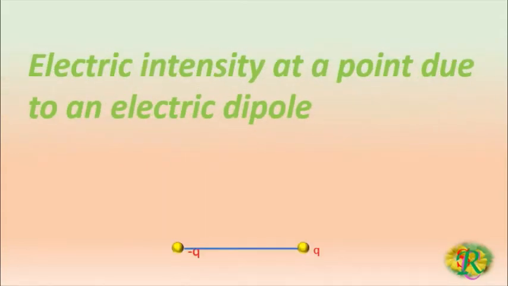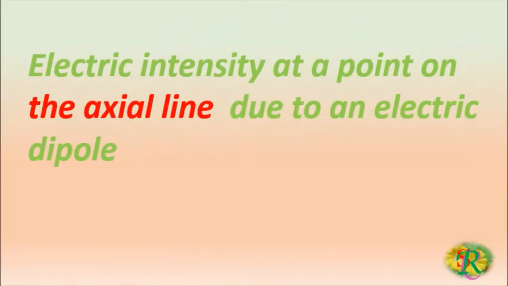We already learned electric intensity due to a single charge. Now we are going to learn electric intensity at a point due to an electric dipole. That means a system of two charges. Electric intensity at a point on the axial line due to an electric dipole.